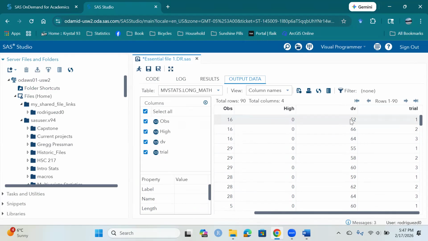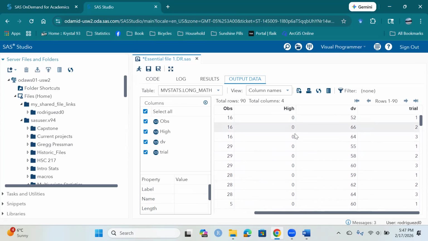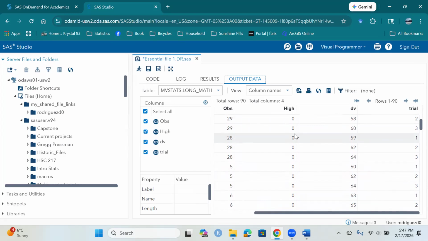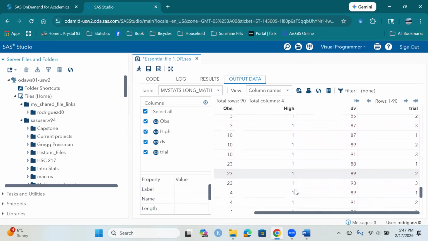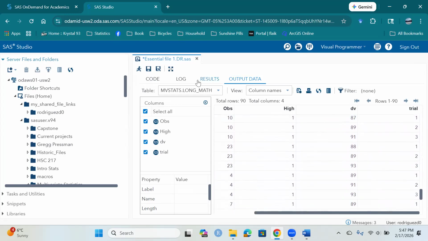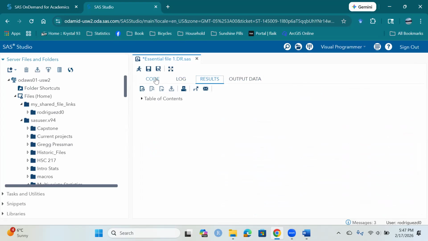So we have our DV, which would be baseline, basic, and advanced, and that would be trial 1, 2, 3. And then we have trial 1, 2, 3 for participant 29, and so on. And all these individuals are in the low category, because their high level is 0. Then you'll have those who are in the high category itself. Okay, so you see that it all worked out well.